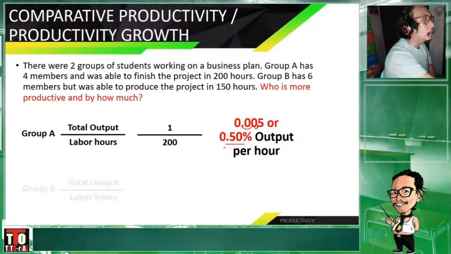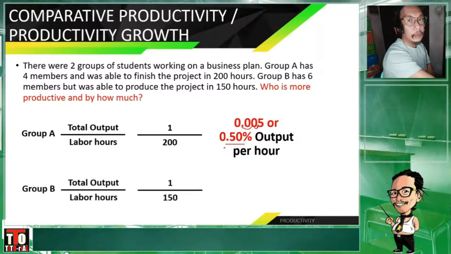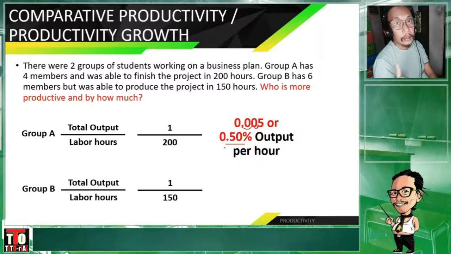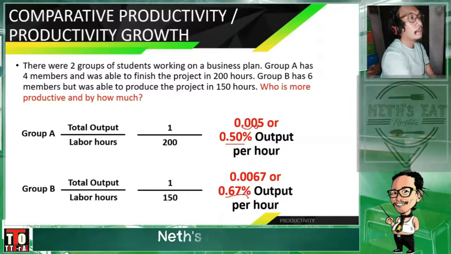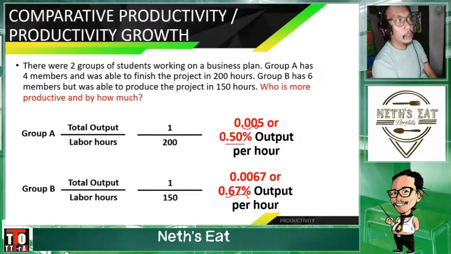Now, Group B was able to finish it at 150 hours. So, check natin. So, Group B has an output of 0.67% per hour. So, who is more productive between the two groups in terms of labor hours?